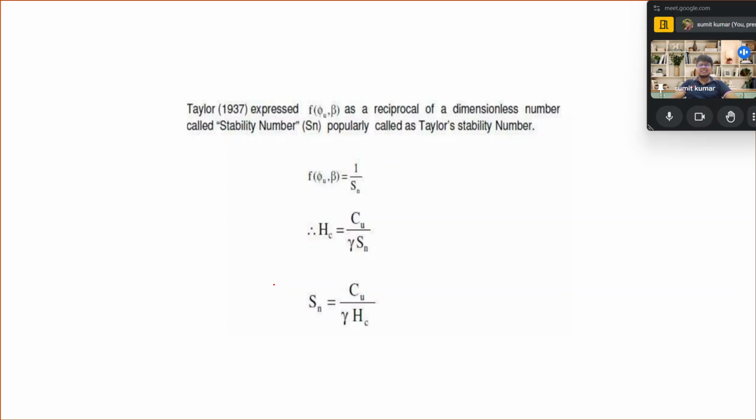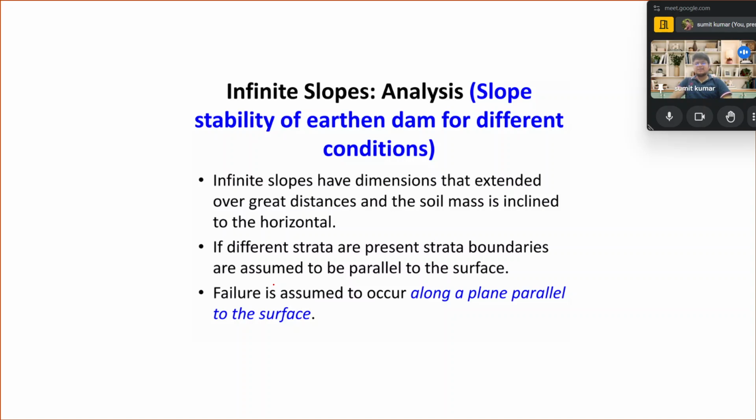And by using this stability number, Hc is Cu by gamma Sn, and similarly, we are able to find the stability number, which is Cu upon gamma H. So, in this manner, the Taylor stability number is calculated, which is useful for the calculation of finite slope surfaces.